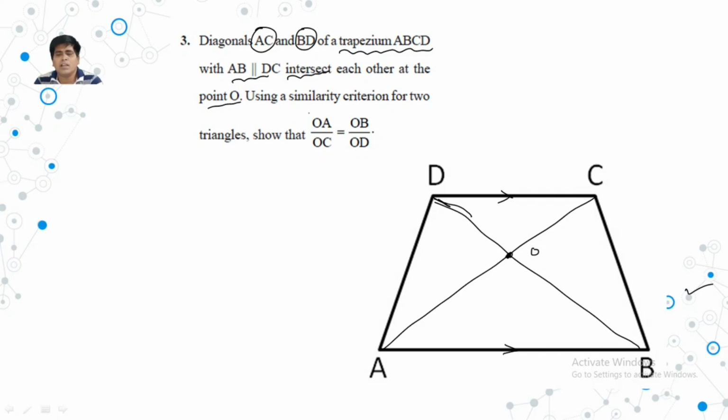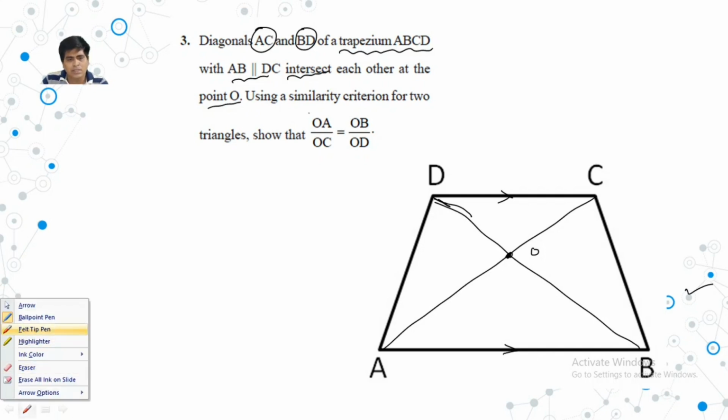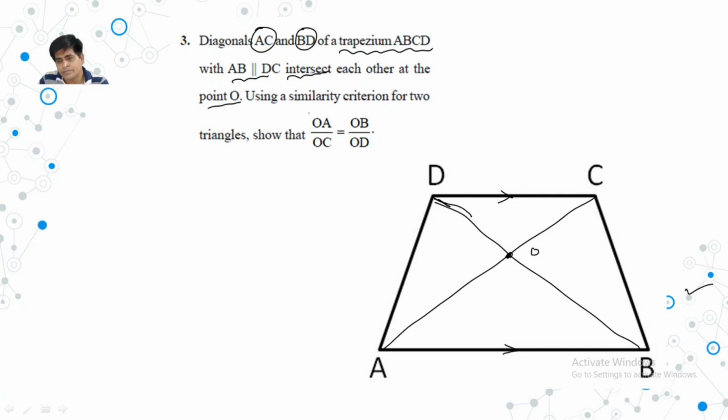Here we can clearly note down two triangles. Actually, we can find many triangles here, but choosing the triangles is very important. I will choose these two triangles. Look at this triangle. What is the name of this triangle?